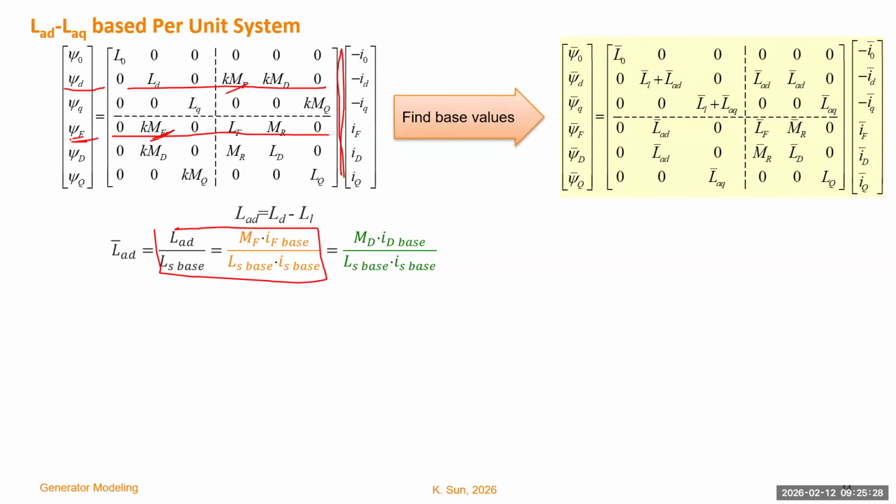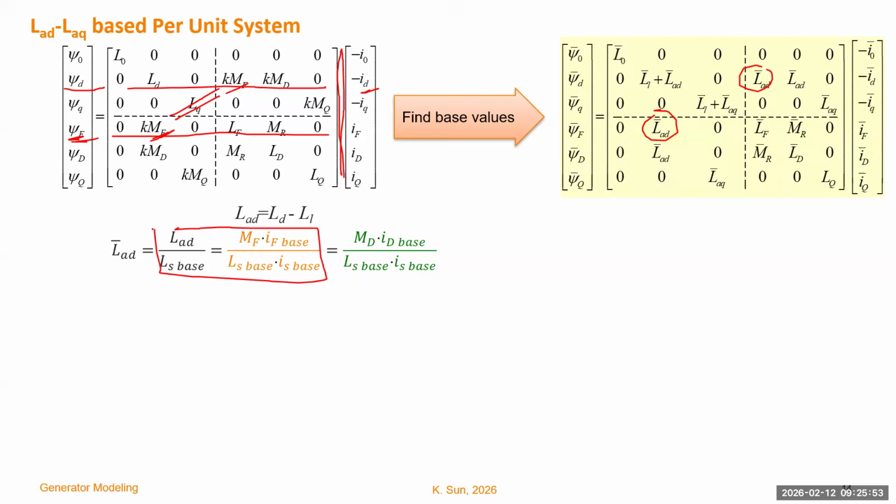So let's talk about how the flux linkage in the field winding is coupled with the current in the DSs. So for both equations you divide by the base quantity, and finally you need to make the per unit values of those two equal, right? Which corresponds to those two being the same.